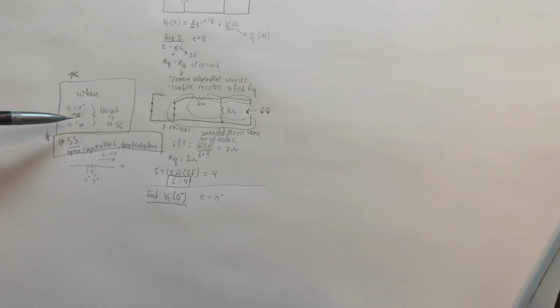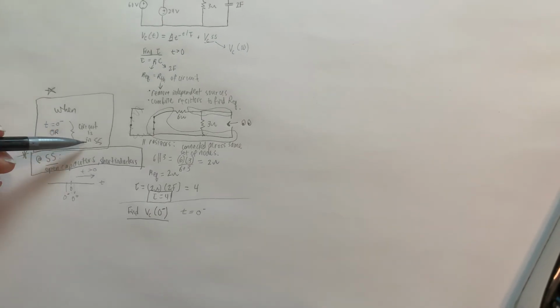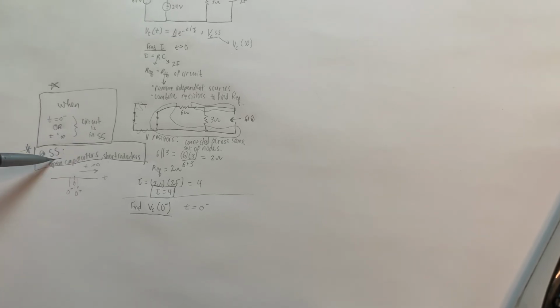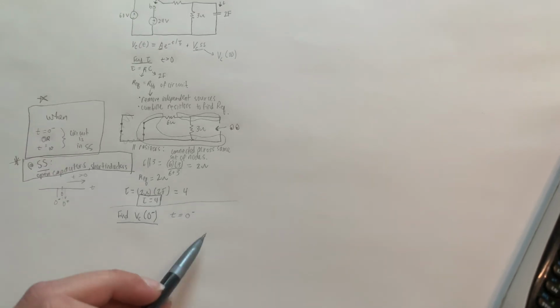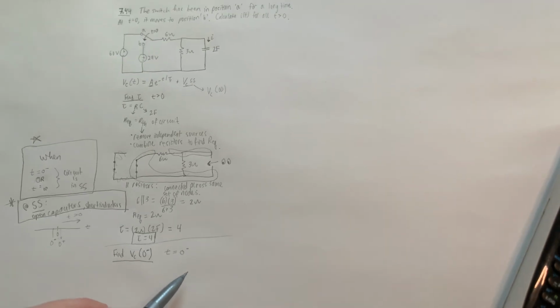So I need to know both of those things. When time is 0 minus, the circuit is in steady state. And at steady state, we open our capacitor. So now let's draw our circuit at 0 minus with those things in mind.